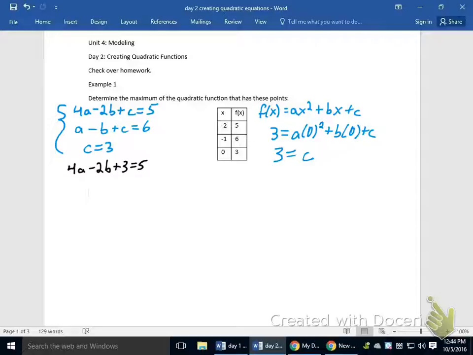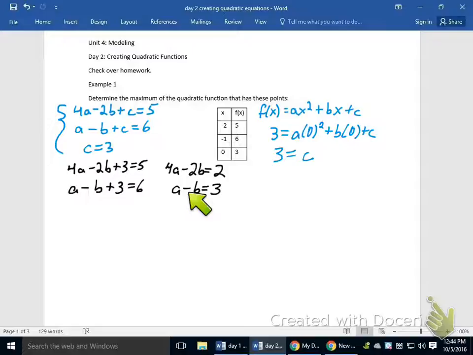I'll change that to 4a minus 2b equals 2 because I subtracted the 3 from both sides. I'll do the same for the second equation: a minus b plus 3 equals 6. I'll subtract 3 from both sides and get a minus b equals 3.